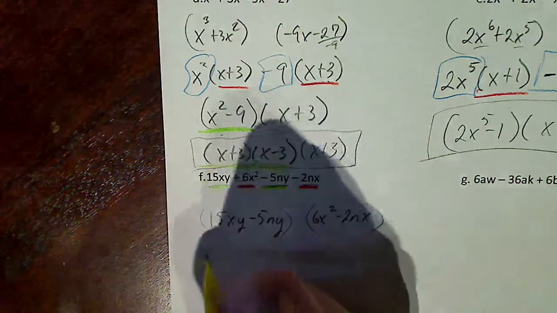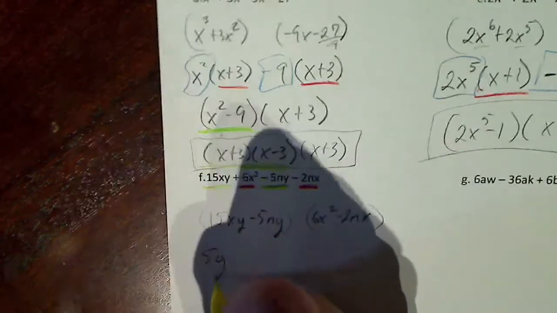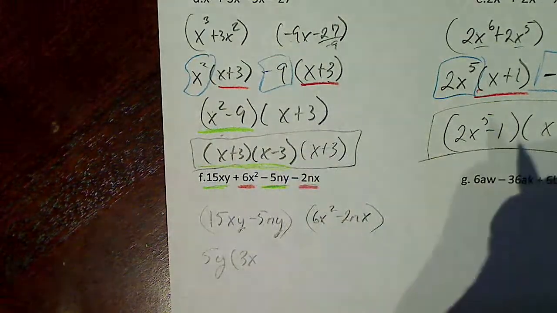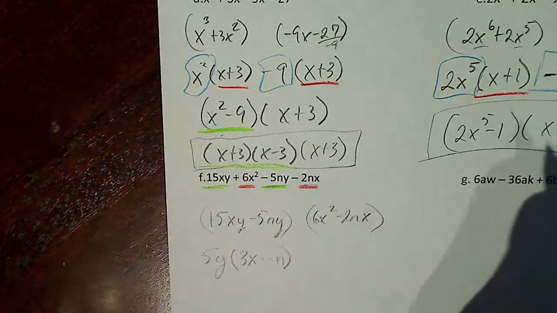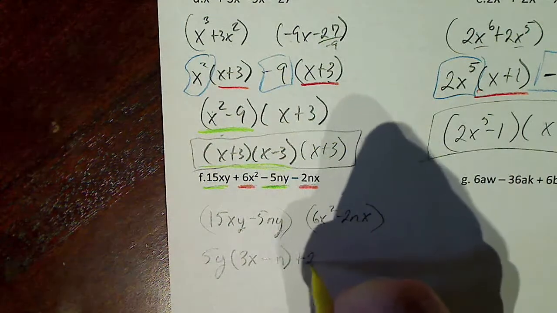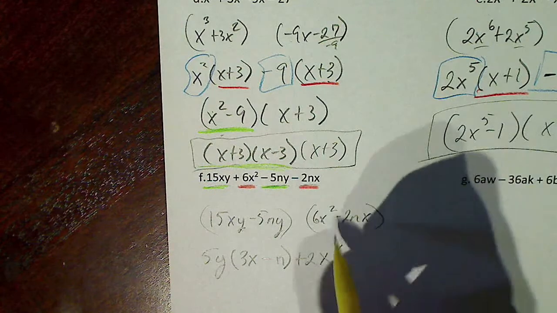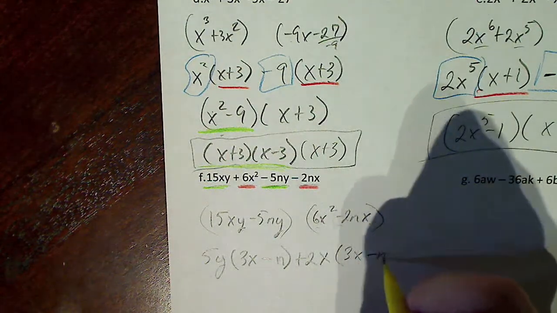So here I know I can reduce a GCF of 5 out. I can also take a GCF of y out. And if I do that, that will give me 3x minus n here. Then here I can reduce a 2 out and an x. And if I did that, that will give me a 3x minus n here as well.